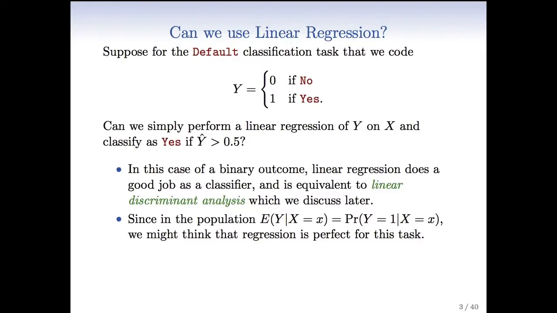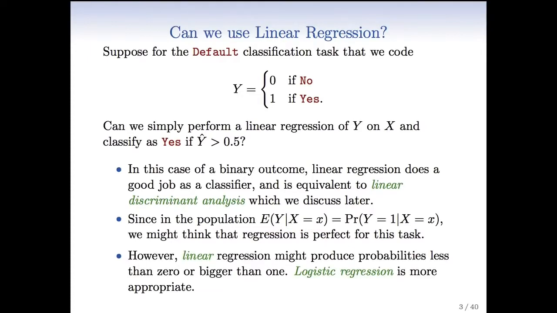In the population, remember, we think of regression as estimating the conditional mean of y given x. Well, in our coding here of 0 and 1, the conditional mean of the 0, 1 variable given x is simply the probability that y is 1 given x, just by simple probability theory. So for that reason, you might think that regression is perfect for this task.